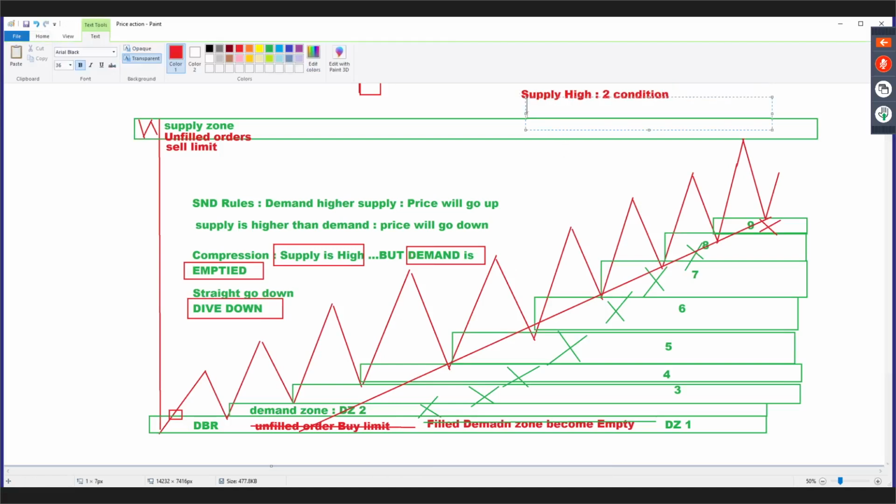One is during news, during big news. Okay. And number two is when we have a high liquidity area.